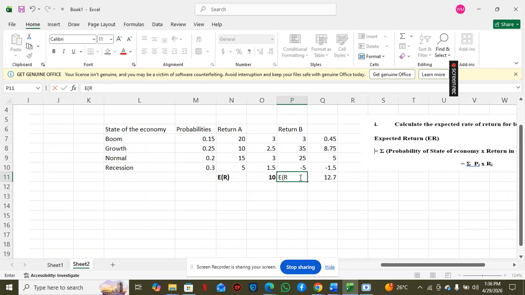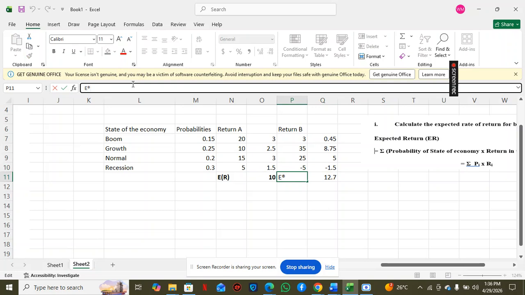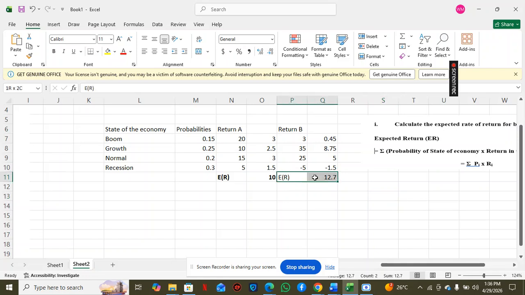So the average return that you're going to get if you invest in company B is 12.7%. Any questions? ER is just the expected return.